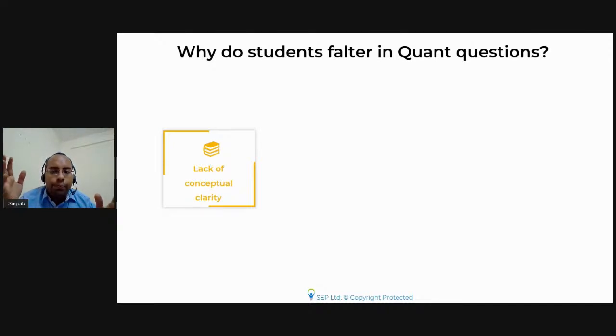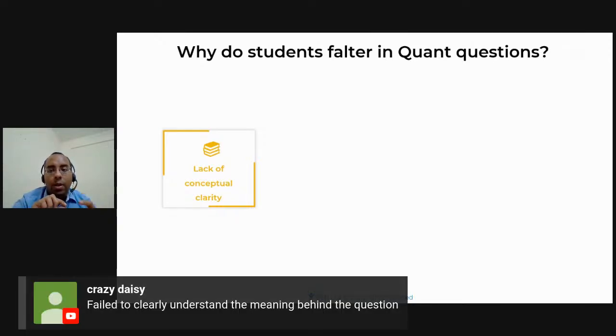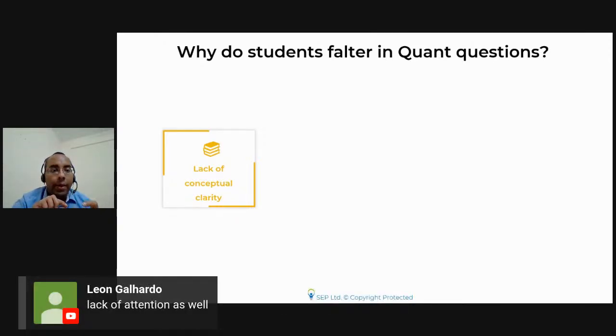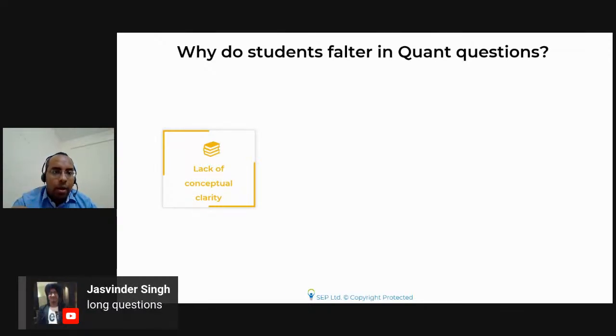If you don't know any concept or if you don't know how to apply the concept properly, and the second part is more important, how to apply it, then there's a very high chance that you will not be able to solve the question properly. Even if you know the formula, you don't know how to apply it. That's the number one thing.